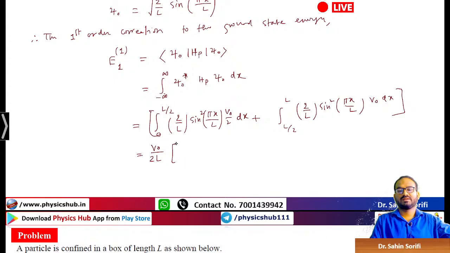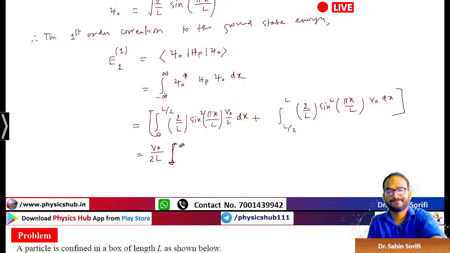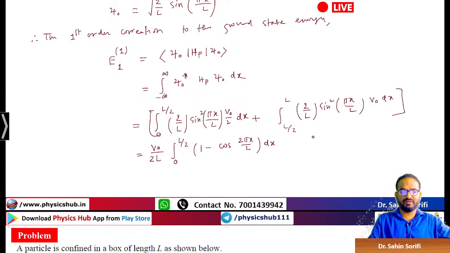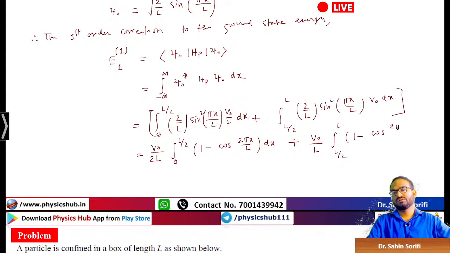We can write it in this way: integral from 0 to L by 2 of (1 minus cos(2πx/L)) dx, plus here V_0 by L, here already 2 is there, so integral from L by 2 to L of (1 minus cos(2πx/L)) dx.